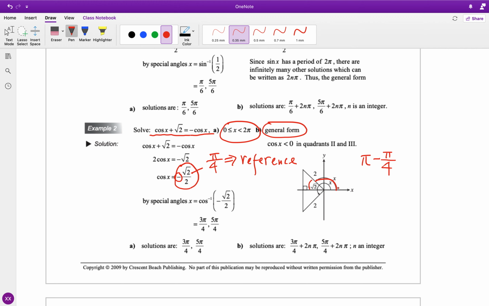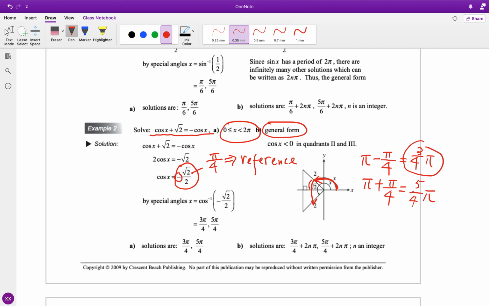And then you have another angle. So this is one angle here, then you have another angle, which is here. This one is pi plus pi over 4. So this one will be 3 over 4 pi, and this is 4 over 4 add on 1 is 5 over 4 pi. And these are your 2 solutions.